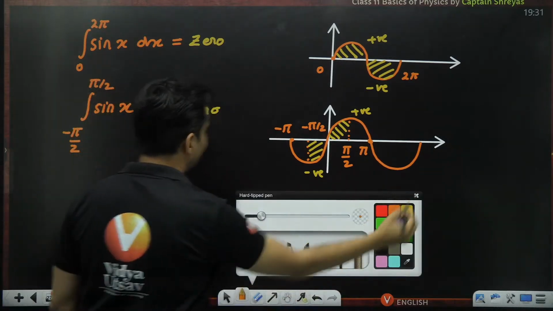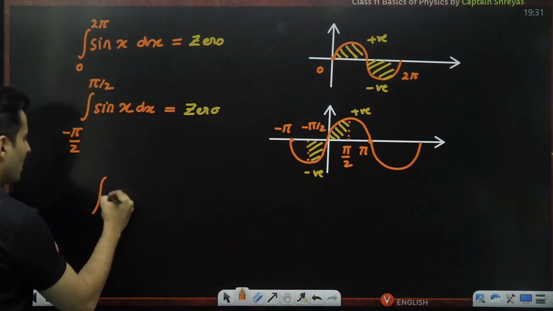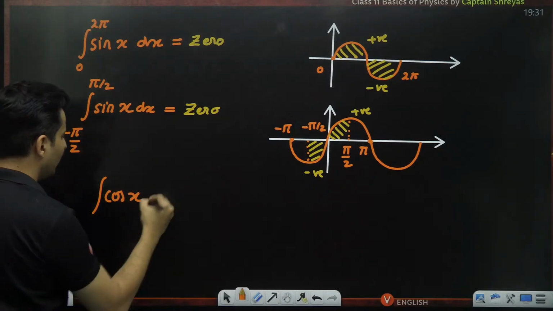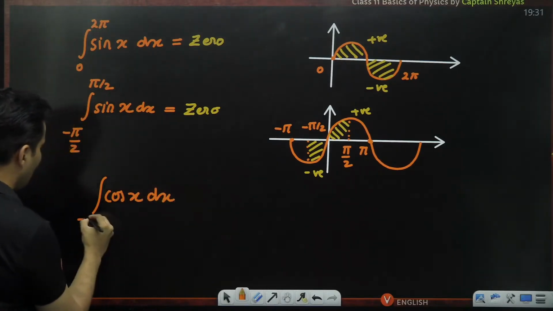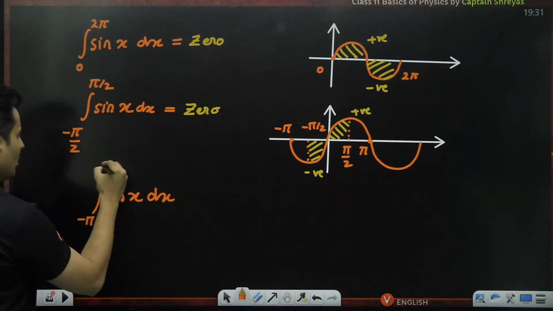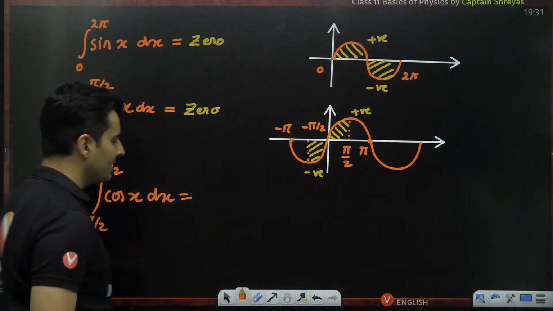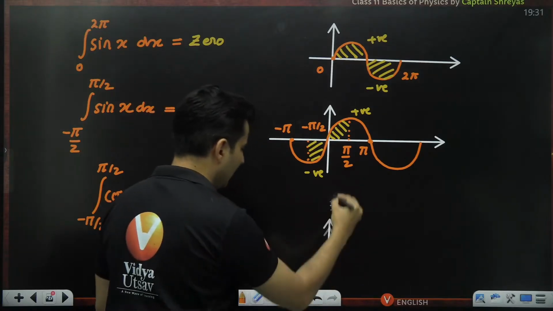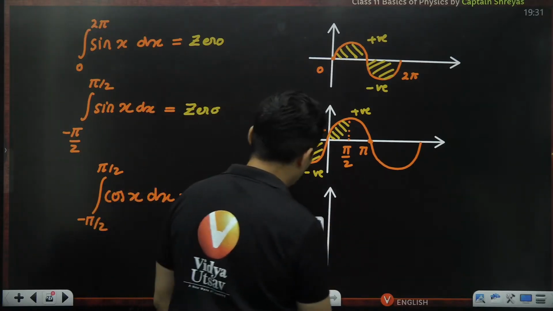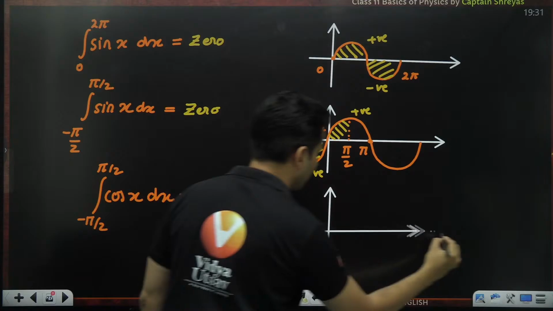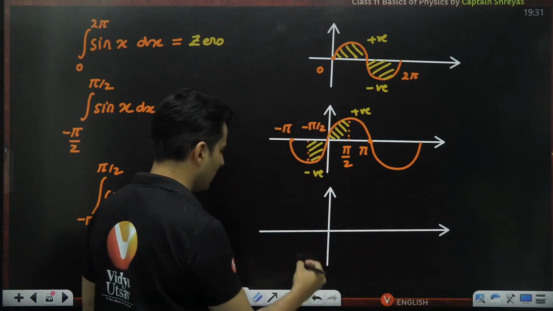But let's say, for example, I do integration of cos of x dx from negative pi by 2 to positive pi by 2. I feel this answer may not be 0. Graphically, you can very easily visualize it.